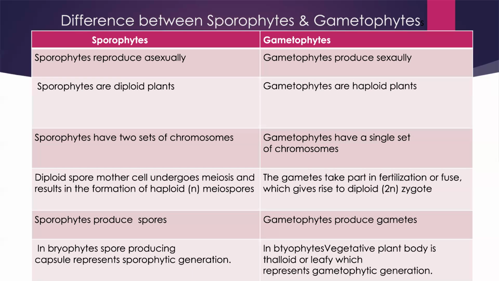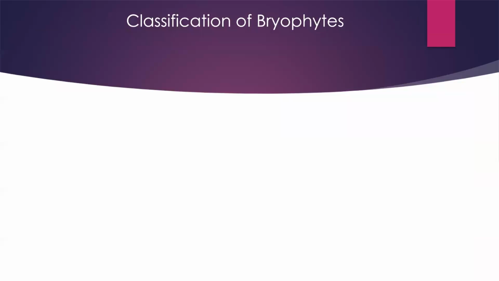What is this? We'll see later on in detail. While in bryophytes, the vegetative plant body, that is thalloid or it may be leafy, represents the gametophytic generation. Okay, this is the difference between sporophytes and gametophytes theoretically. You may have understood something or you may not, but when we study this with an example, then both these terms will be clear to you. Now we see the classification of bryophytes.